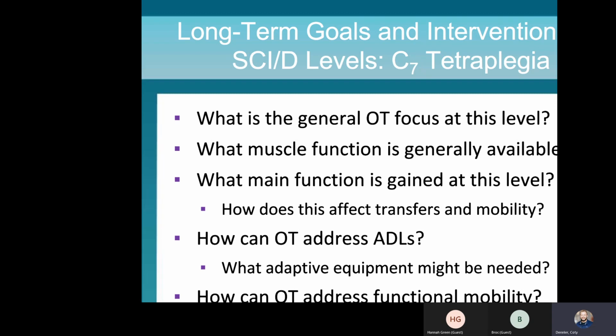So they have the wrist flexors and the triceps plus all the other stuff that they had from the C2 on down. Okay, so you're just adding an additional movement into that with the C7.